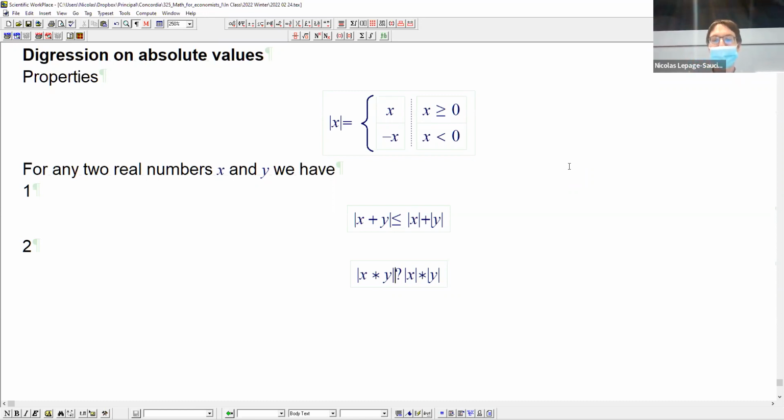So here there's no inequality for whatever x and y are, because the only thing that matters is if I have something that's negative, I just put the minus 1 in front, and it disappears. So that's 3. And let's go with division, the same sort of deal. So x divided by y equals x over y, provided that y is not 0.